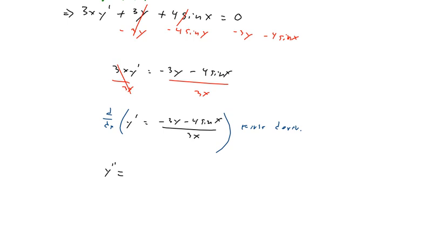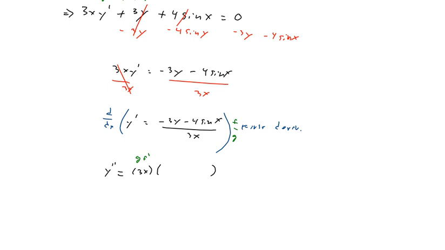So again, I've got f over g, low d high: g f prime. Low is 3x. The derivative of this upper part, I'll do in two pieces.